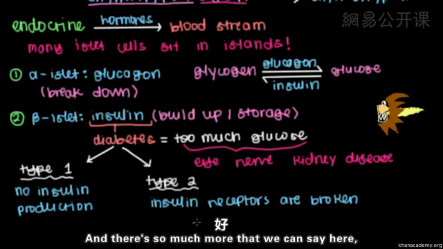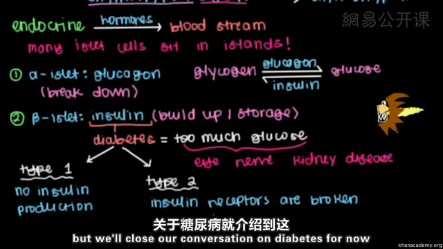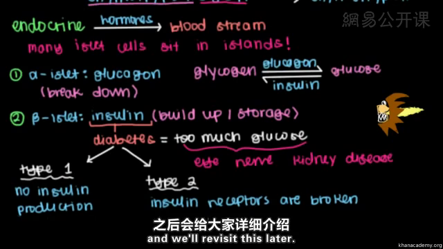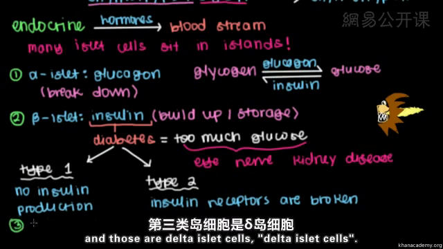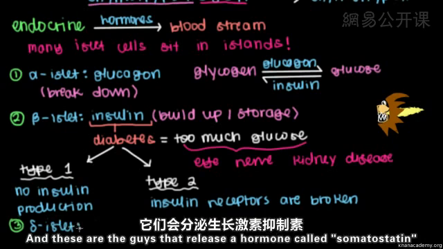And there's so much more that we can say here, but we'll close our conversation on diabetes for now, and we'll revisit this later. Let's move on to the third type of islet cell that we've got in the pancreas, and those are delta islet cells. These are the guys that release a hormone called somatostatin.